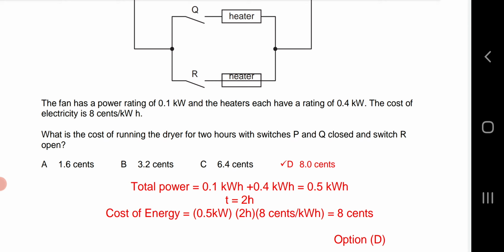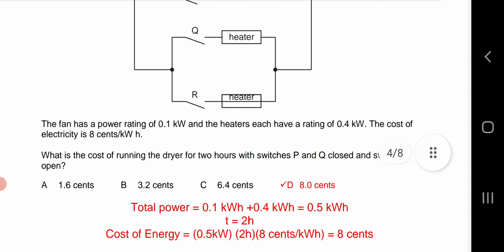Total power is 0.1 kilowatt for P and 0.4 kilowatt for Q, so the total power is 0.5 kilowatt. It is not kilowatt hour; kindly correct it, it was a typing mistake.